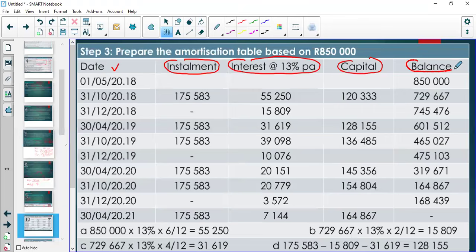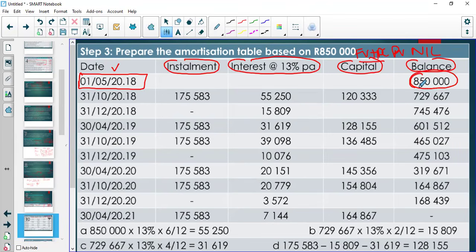This is the balance. The lease started on the 1st of May as given, 1st of May 2018. And the balance is the present value or the net investment in the lease, which will be the fair value of the asset plus the initial direct costs. All right, so the fair value we are given is 850.